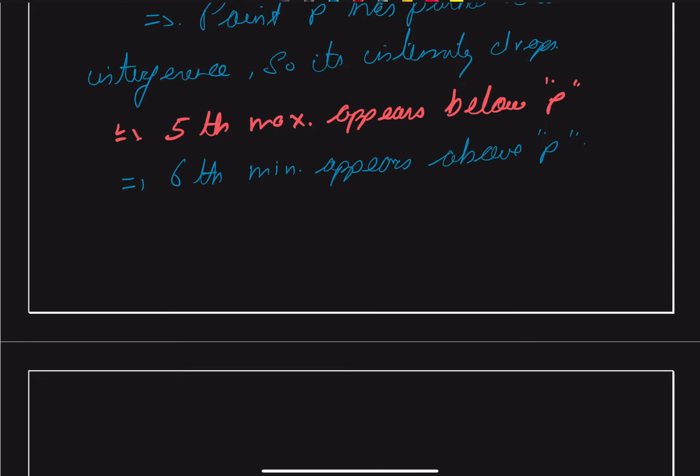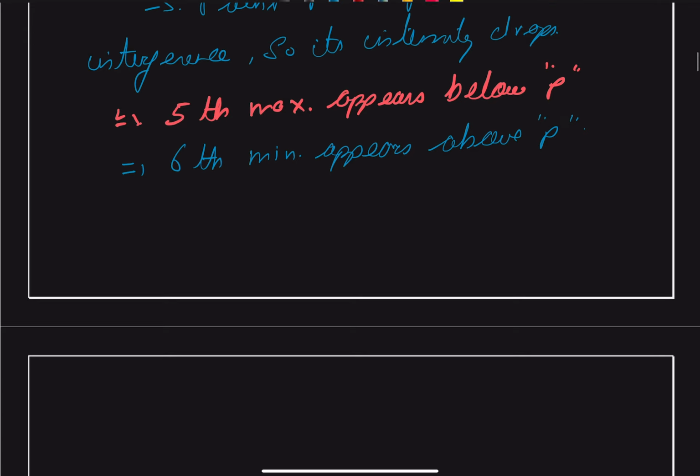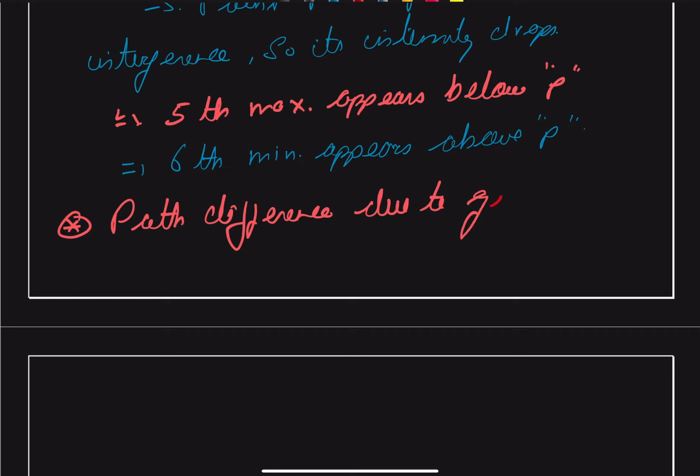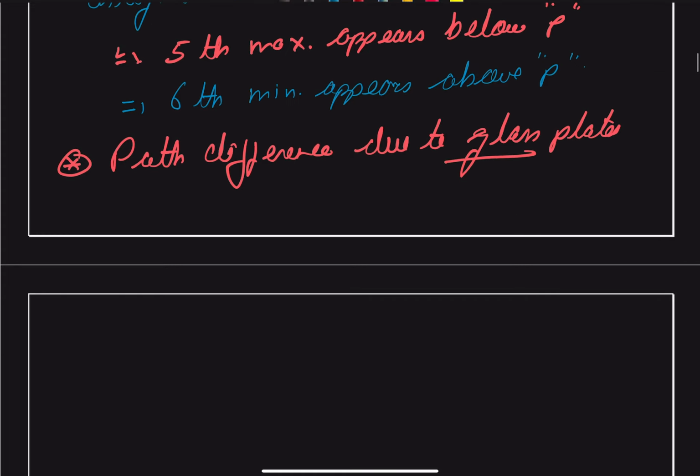So we are first of all going to find out the path difference introduced by the glass plates. We have two refractive indexes.